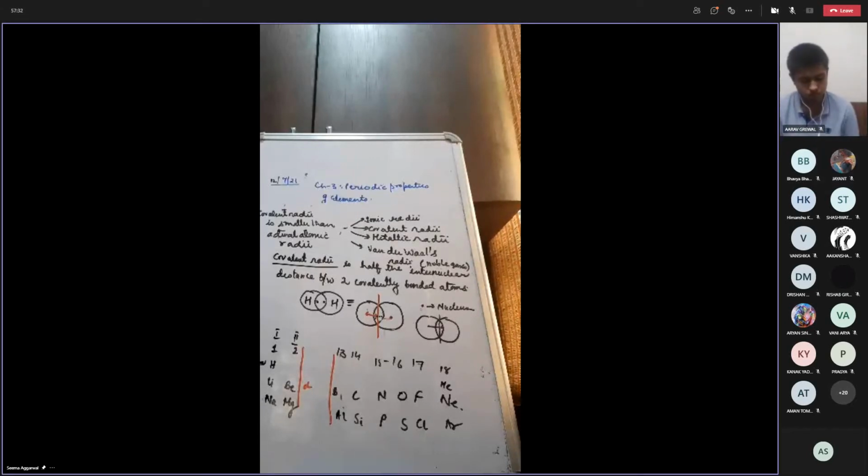Because according to Heisenberg uncertainty principle, the electron cloud surrounding our atom does not have a sharp boundary.